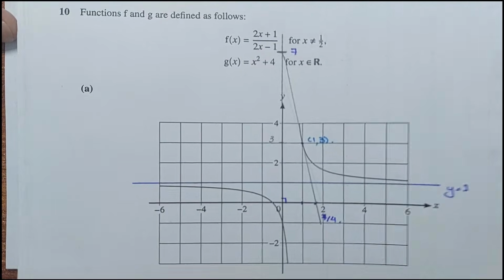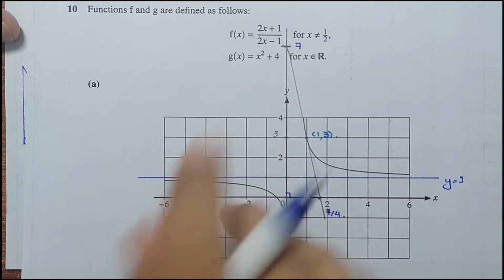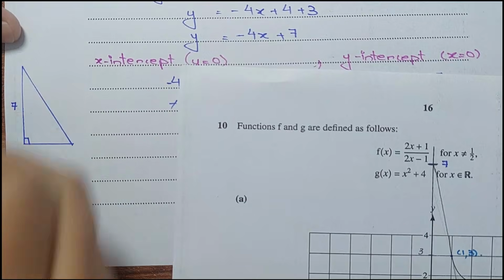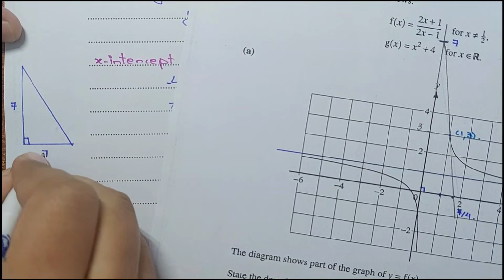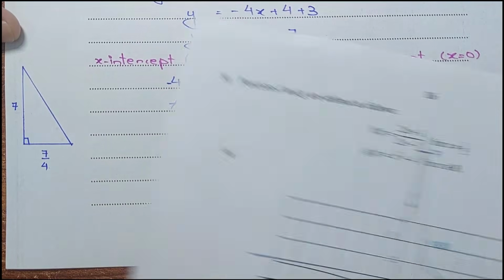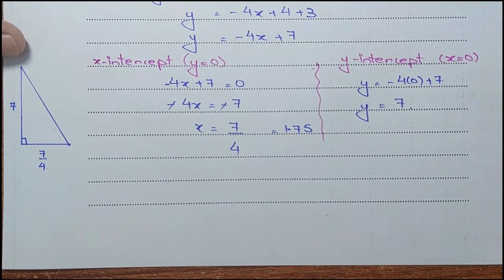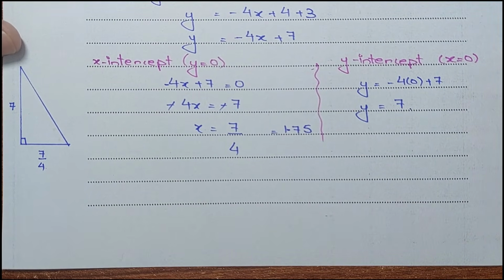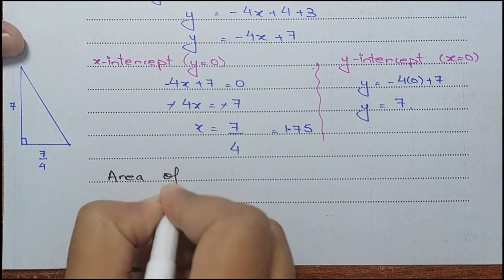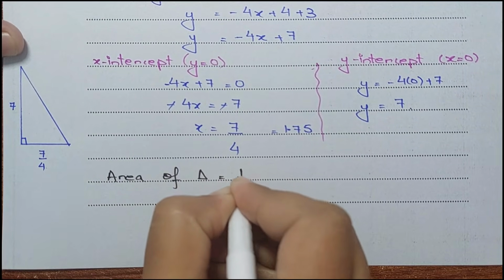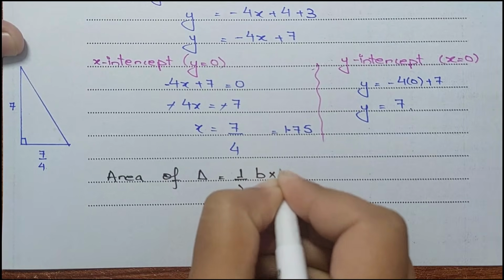It is a right angle triangle. Now you guys can see, from 0 to 7, this y length is 7, right? And from x length 0 to 7 by 4, this length is 7 by 4. We need to figure out the area of this right angle triangle, which is half base times height. So the area of a triangle is half base times height.